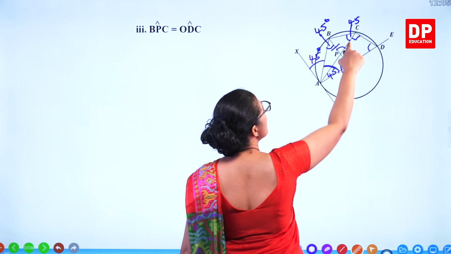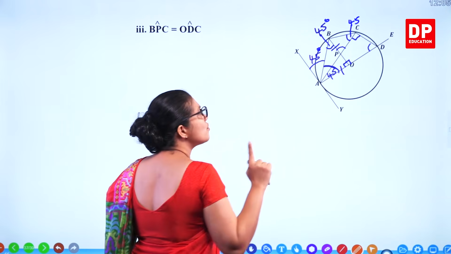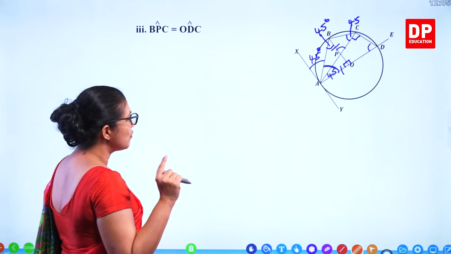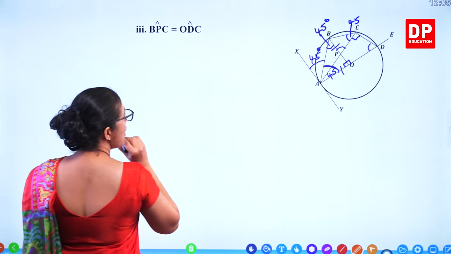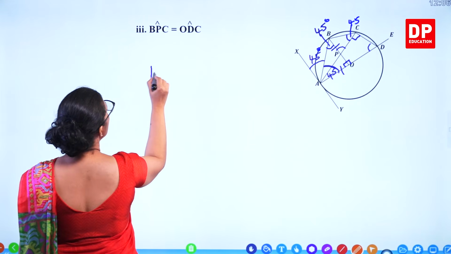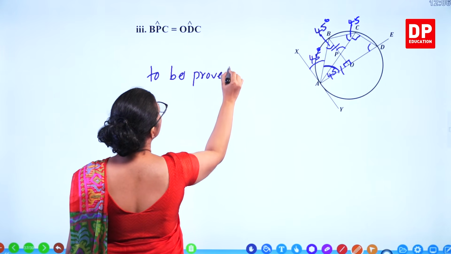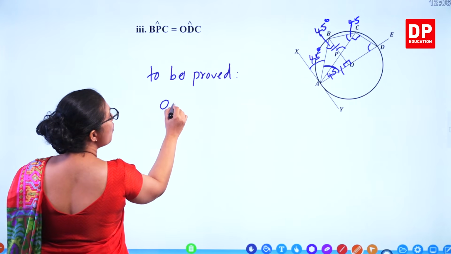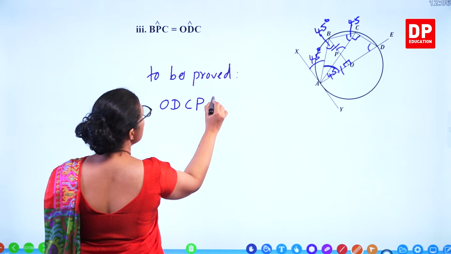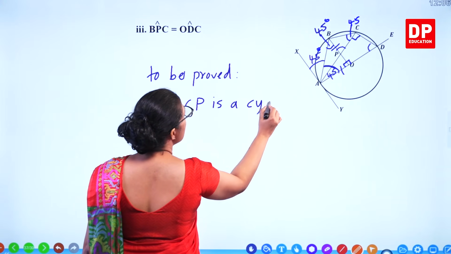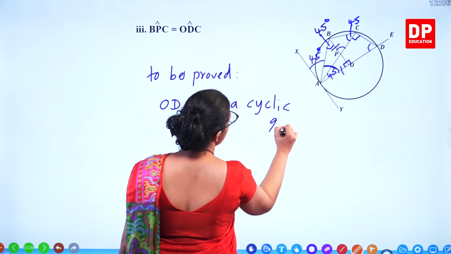Now can you see? Opposite angles add up to 180. So we need to write down everything. To be proved, we need to prove that ODCP is a cyclic quadrilateral.